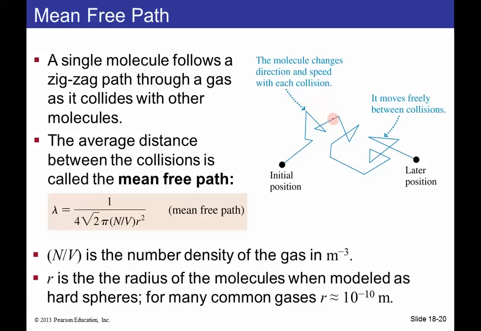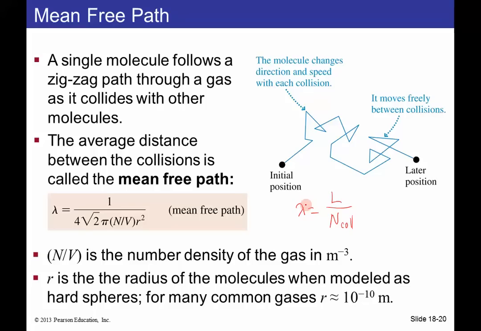Then the distance between collisions, that we call lambda, is going to be what? It's going to be the length of this whole thing divided by the number of collisions. So that's this distance, right?